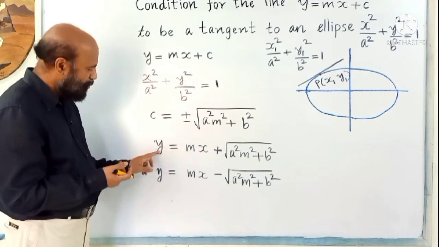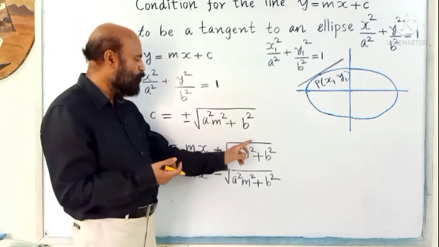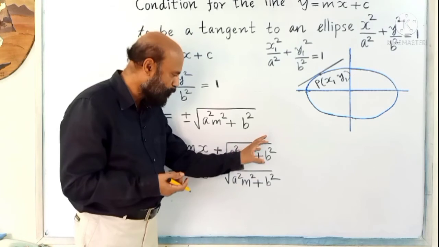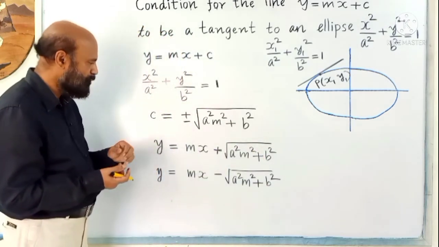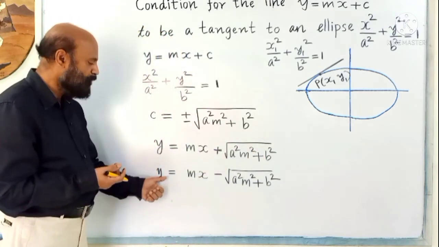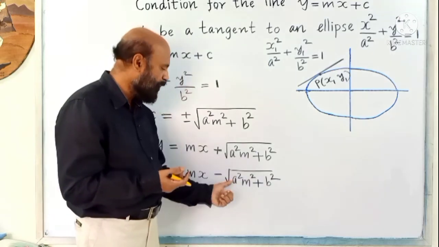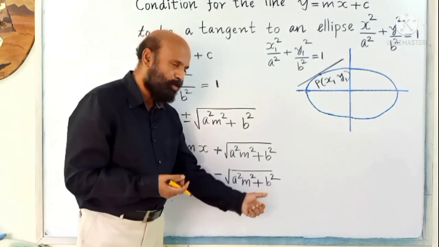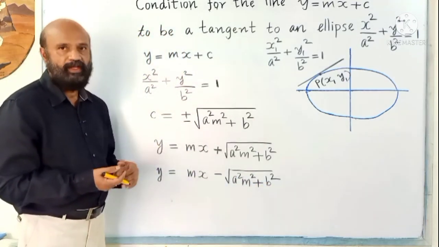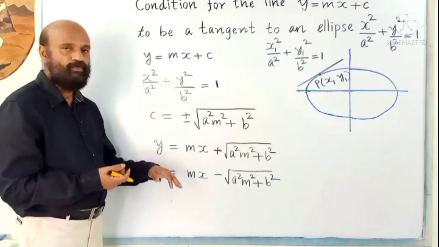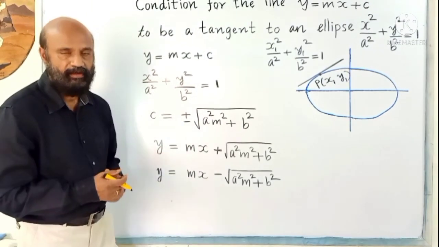Either y = mx + the square root of a²m² + b² will be the equation of the tangent, or y = mx minus the square root of a²m² + b², but not both. Any one of these will be the equation for the tangent, but not both.